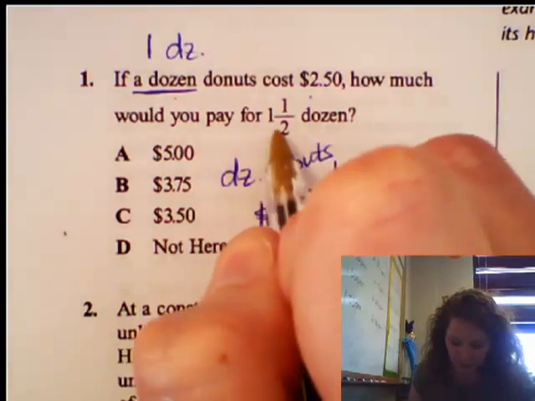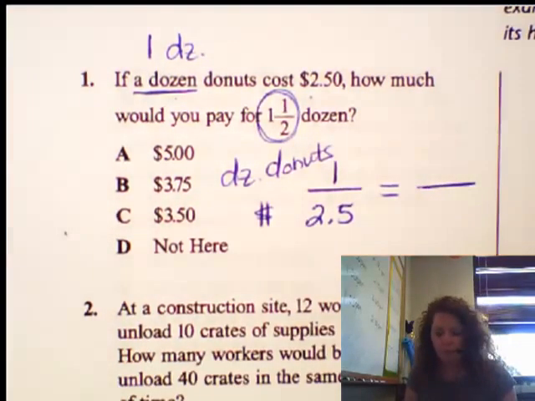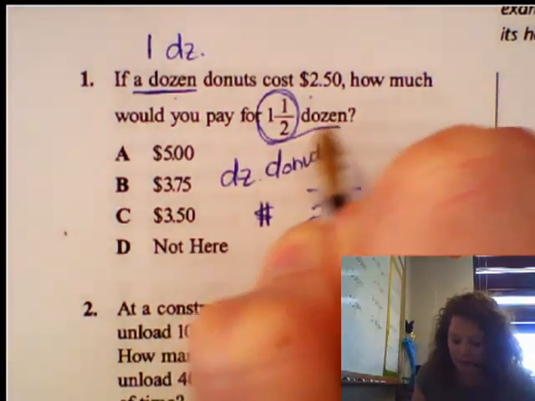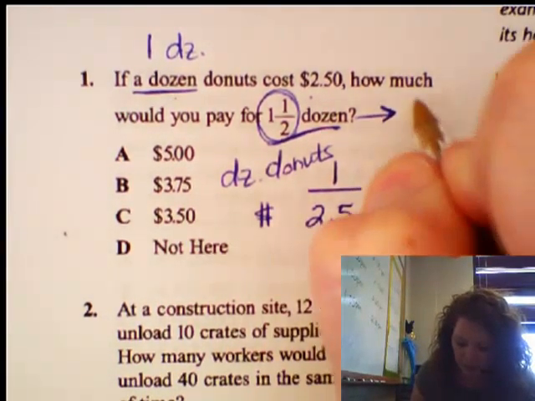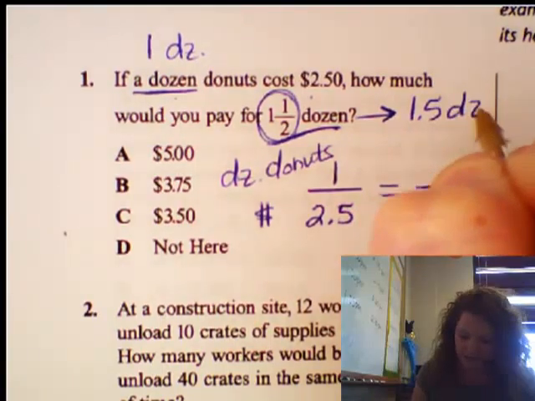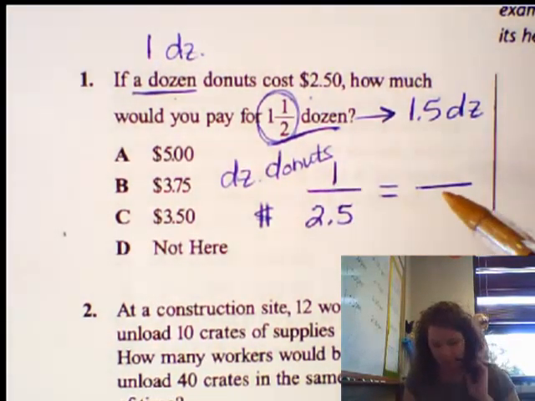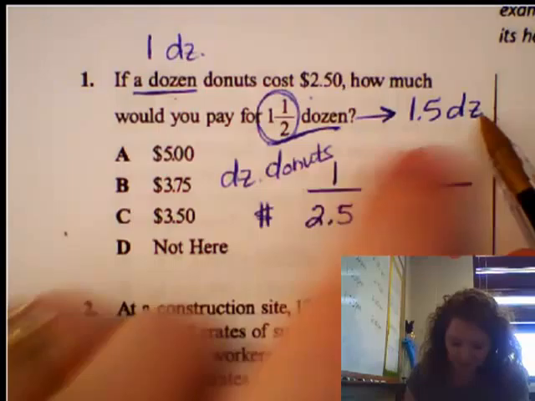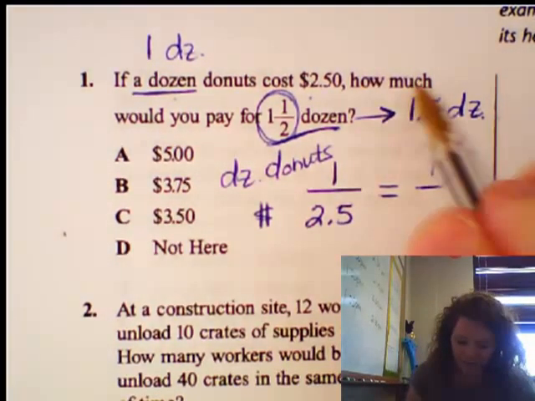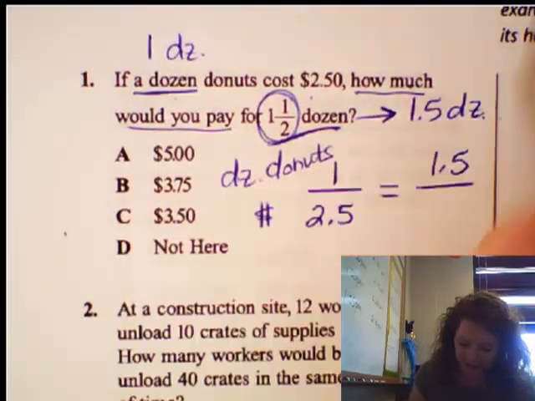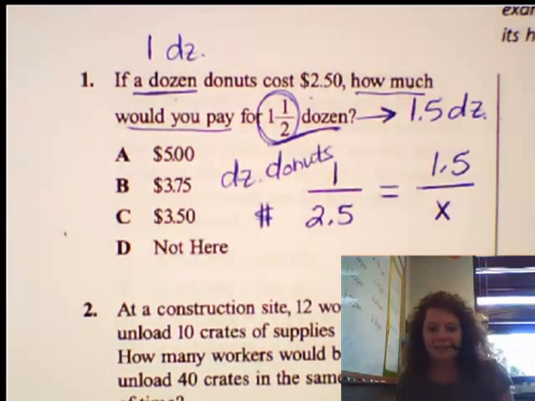How much would you pay for 1.5 dozen? Well, y'all probably like decimals better than fractions, so 1.5 dozen would really be 1.5 dozen. Where would that go in our proportion? Well, that's dozens of donuts, so that would go up top. And now we're trying to find how much would you pay. So the dollars will be X.